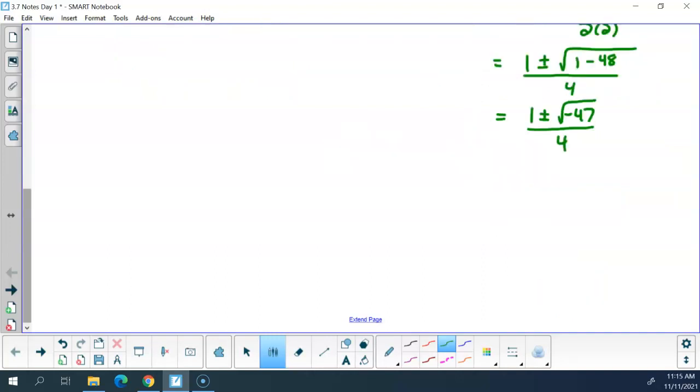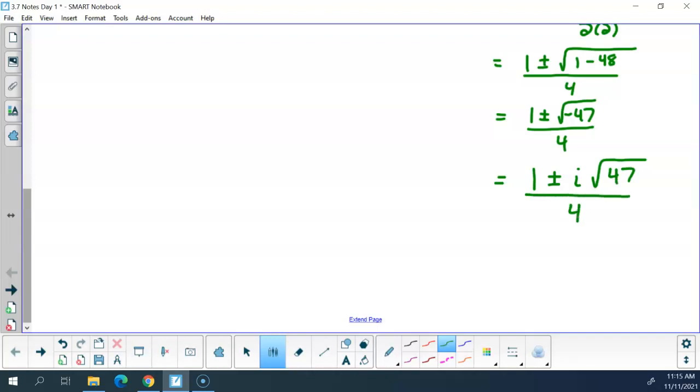No. What do I like in its place? Simplifying the square root of negative 47. So what is it then? It's i times the square root of 47.